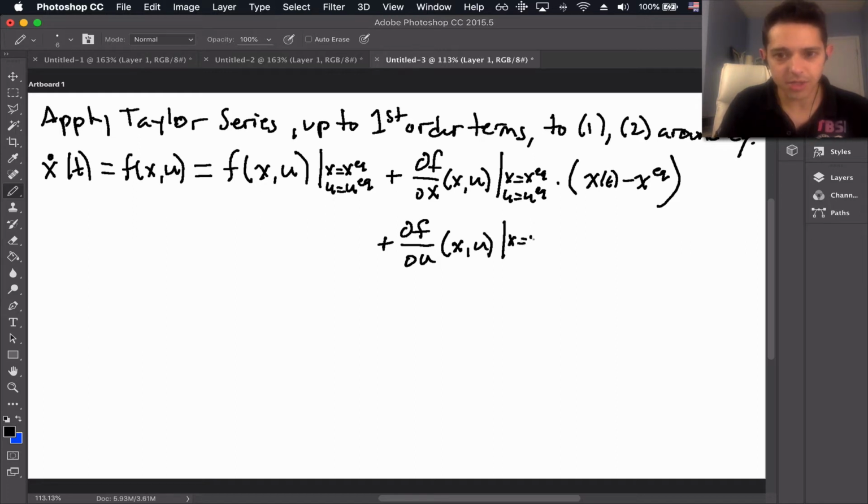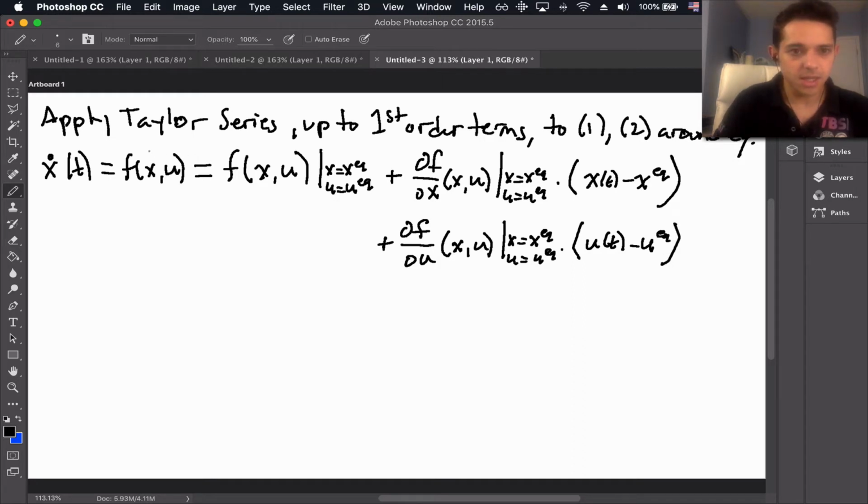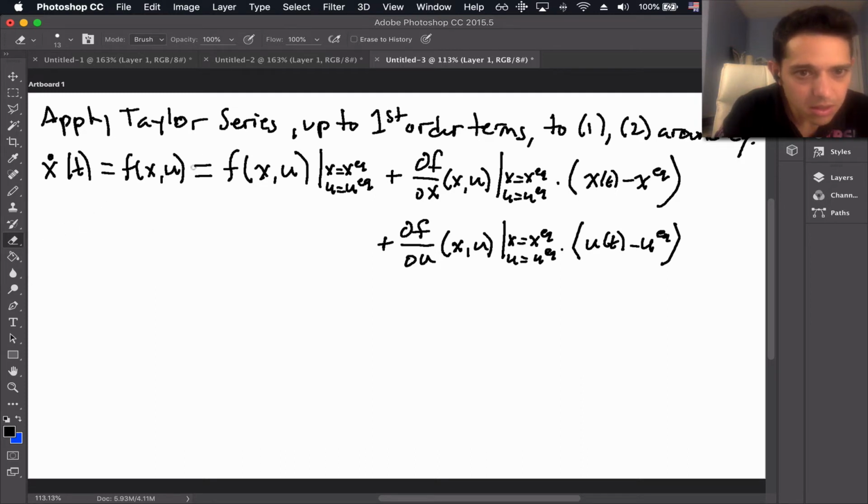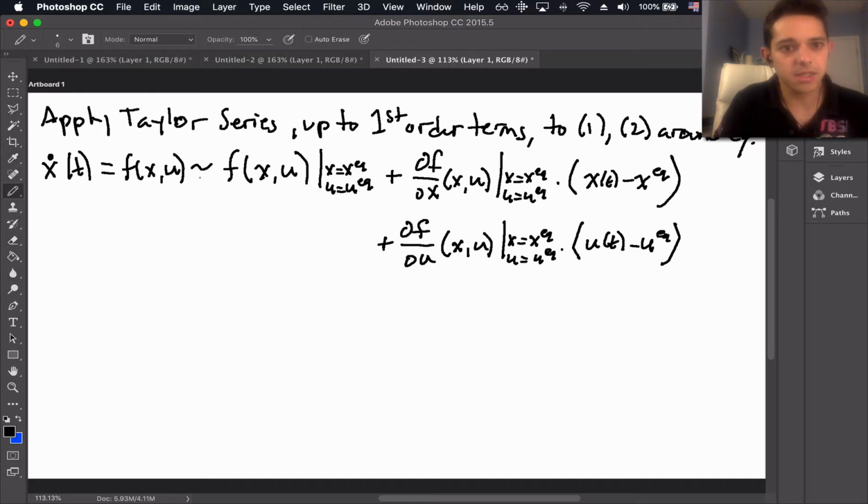And all of this is just going to be evaluated at the equilibrium. And then multiplied by u minus ueq. Okay? And technically speaking, this is not equal, right? Because it's an approximation. It is an approximation here, okay?